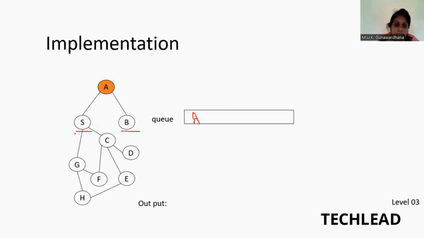But here there are alphabets, therefore we follow the alphabetical order. According to the alphabetical order, we insert firstly B and secondly S. But before inserting the B and S nodes into the queue, we must pop the node A from the queue and insert the B and S nodes instead of the node A.